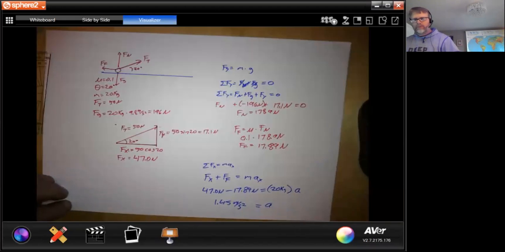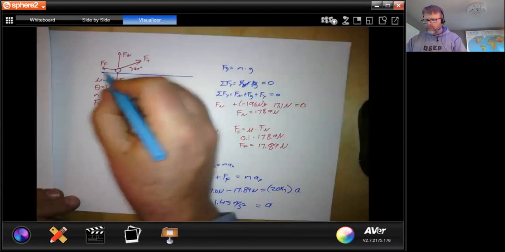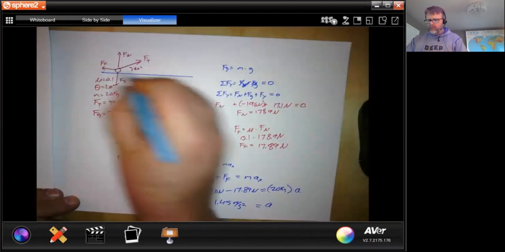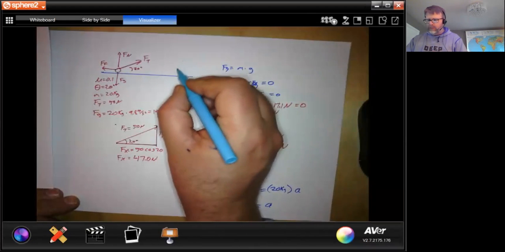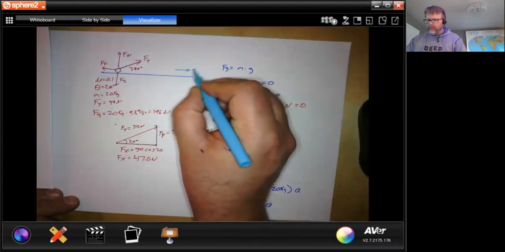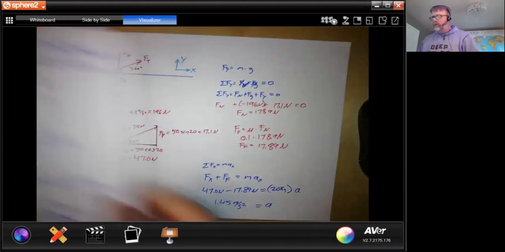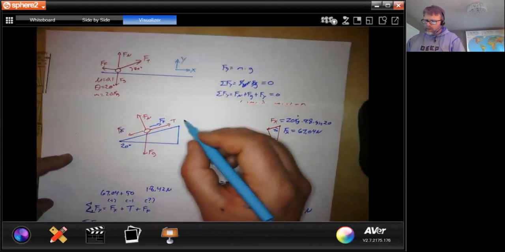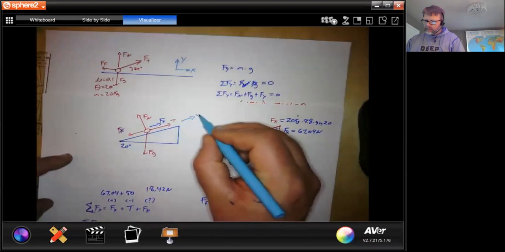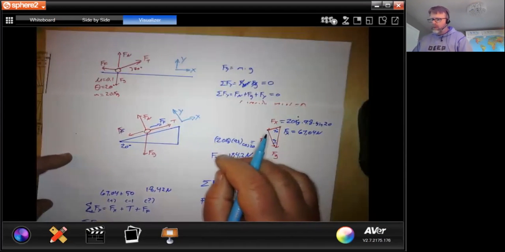One thing I want to point out before we leave here is our coordinate system. In this coordinate system, most of my variables fell along here and I kept it within the plane of the surface. So this was my x and this was my y. When we looked at the last one, the surface was this way, so I called this x and I called this y.